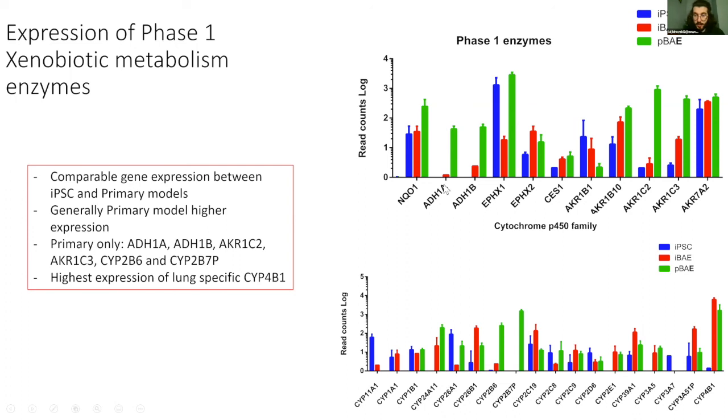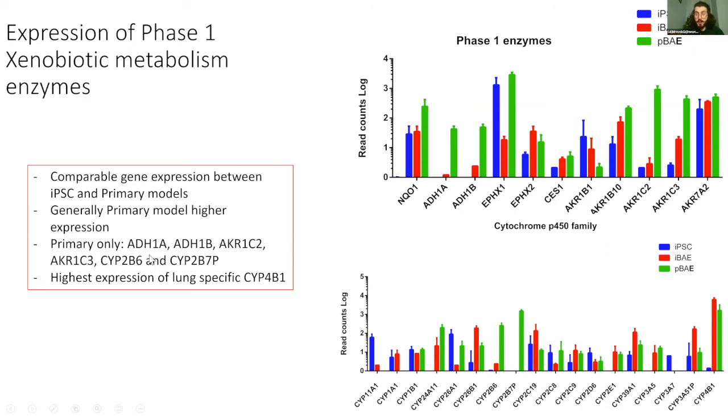Overall, here we're looking at the green, which is the primary, and the red, which is the iPSC. Overall, the iPSC seems to be slightly lower expressed than the primary, but generally, the airway model has higher expression than the iPSCs.